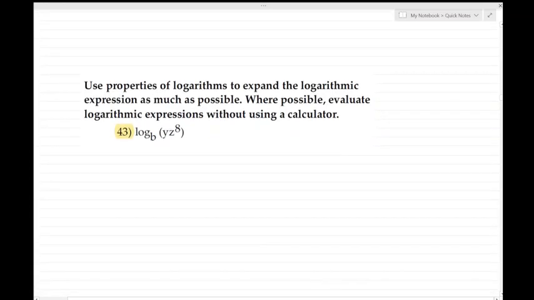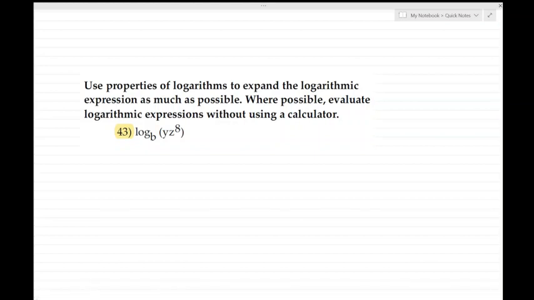Okay. Use properties of logarithms to expand the logarithmic expression as much as possible, and then where possible, evaluate the expression without using a calculator. So, in the argument, which is inside of the parentheses, we have a product, y times z to the power 8.